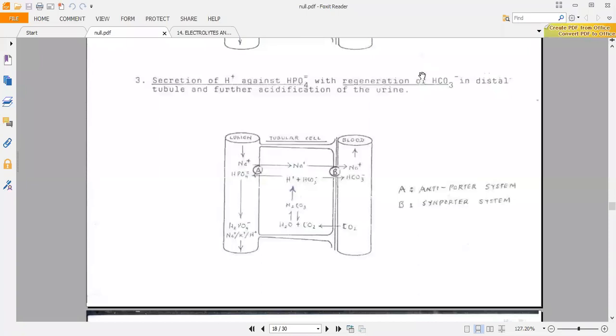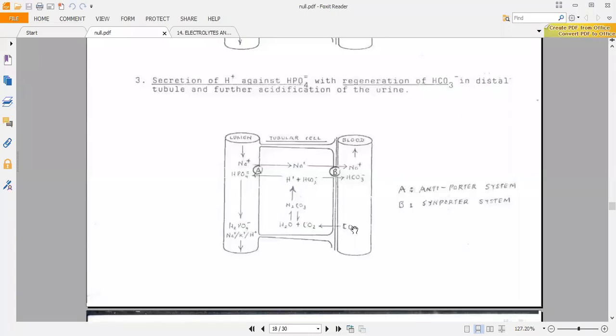So we call this regeneration of bicarbonates, not reclamation. Reclamation, we reclaim what has been filtered. Regeneration, we are producing new bicarbonate. We can only do this when we use either the phosphates or ammonia, NH3.